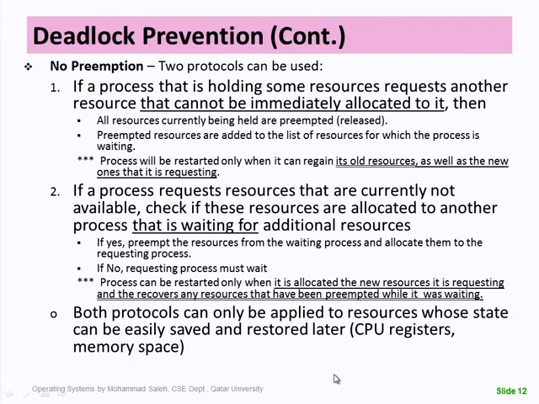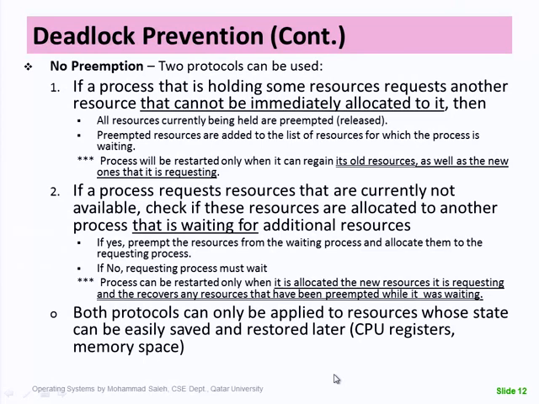In another protocol, if a process is currently holding some resources and requesting additional ones, and these resources are available, then the process will proceed. No problem with that, right? But if the resources are not available, then we do one additional check. It could be that these resources are not available because they are held by another process which is not active, but waiting.